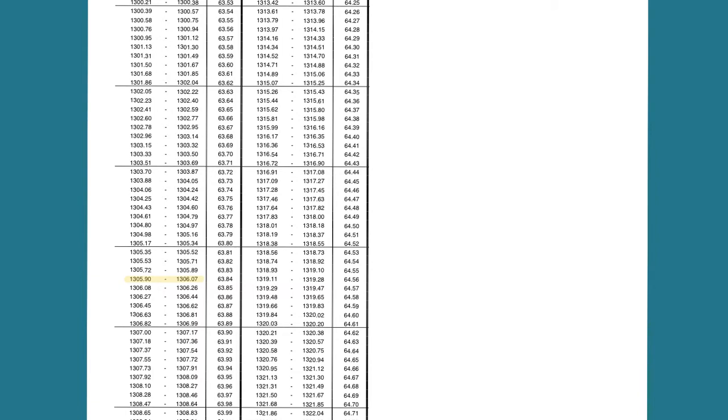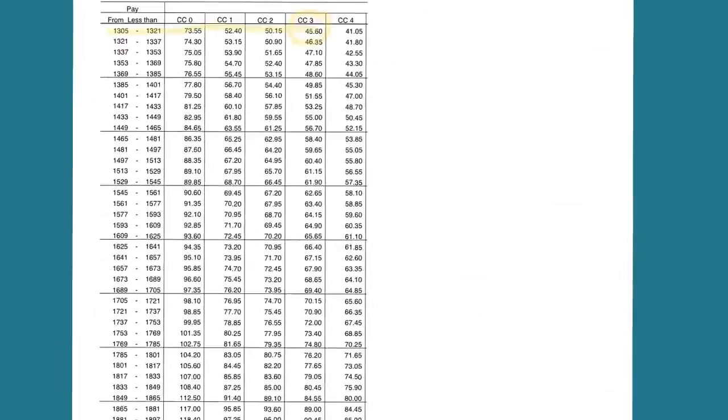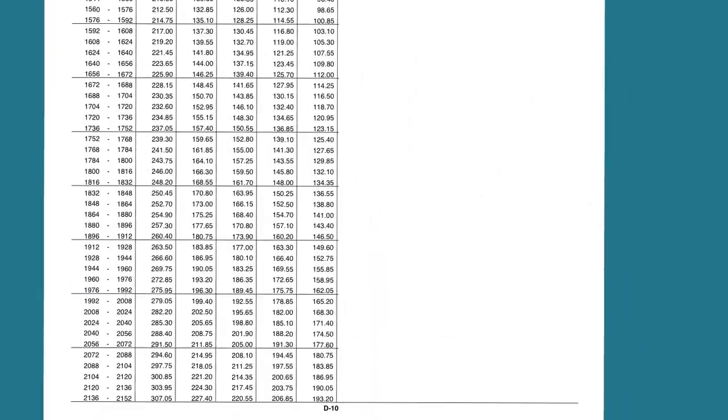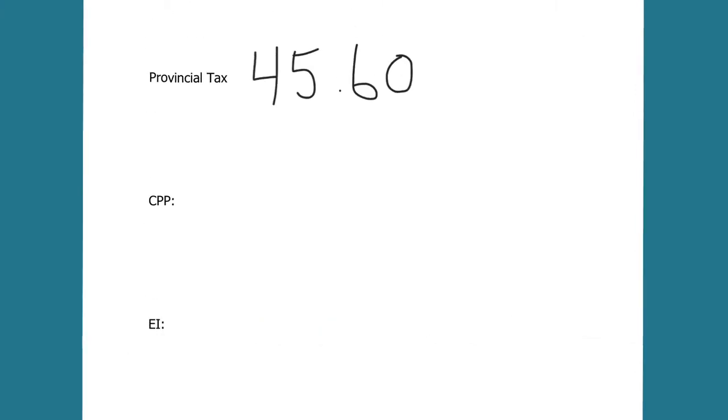And this one we don't need multiple categories, there's no difference depending on your net claim. It's always just going to be the same amount for CPP. So we'll circle that here. It's $63.84. I'm going to scroll back up here and write that down.